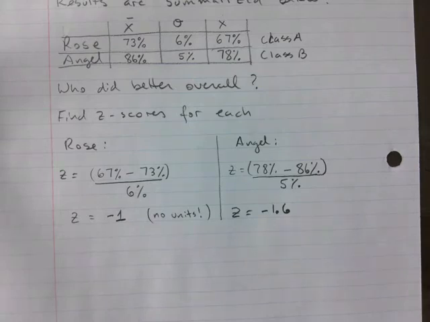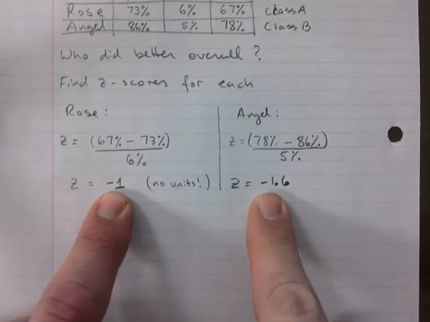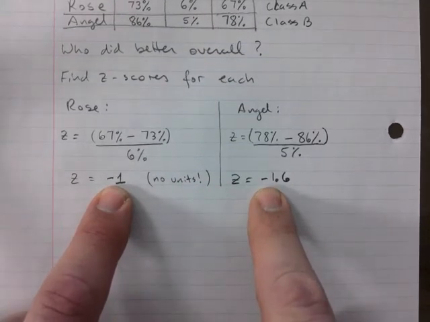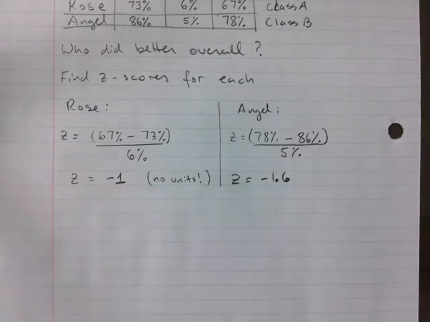Just by looking at the z-score, did either one of them do great compared to the rest of the class? There's the average, and if your score is in the minus, anything in the minus, you're below the average, right?